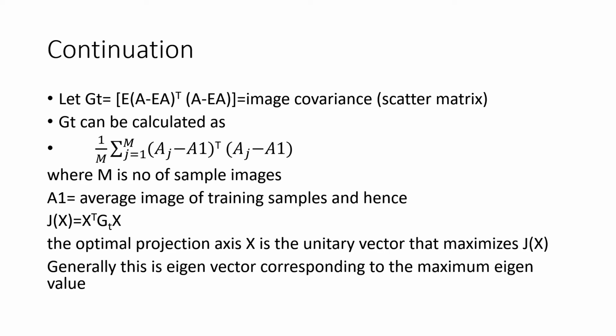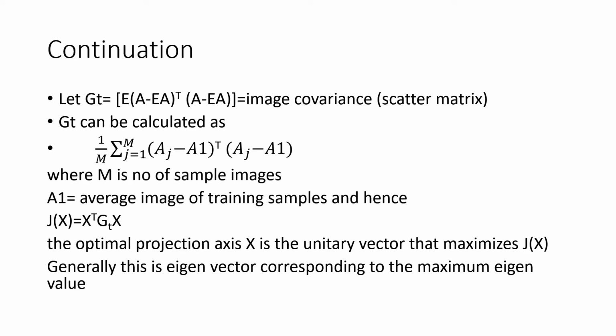In general, GT can be calculated as 1 by m into sigma j equal to 1 to m of (Aj minus A1) whole transpose into (Aj minus A1), where m is the number of sample images, meaning how many training images we are going to take. A1 is the average image of the training samples. Upon substituting this GT, we get J of X equal to trace of Sx, as said earlier, equal to X transpose into GT into X.